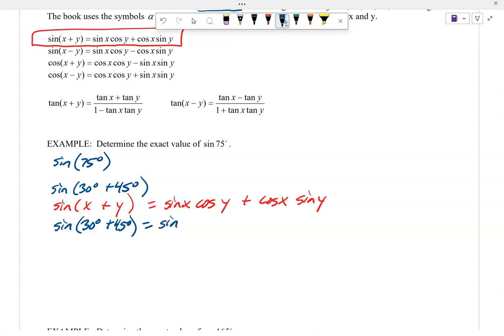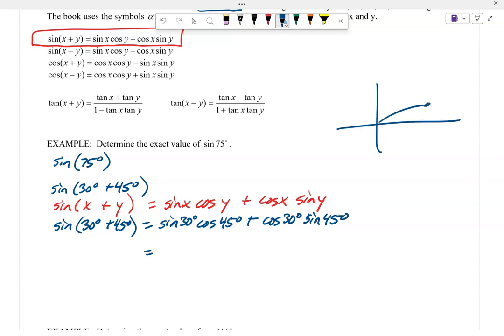So we just plug it into the formula. Sine of 30 degrees, 45 is our y. Cosine, our x is 30, sine is the y. Oops, sine 45, right?